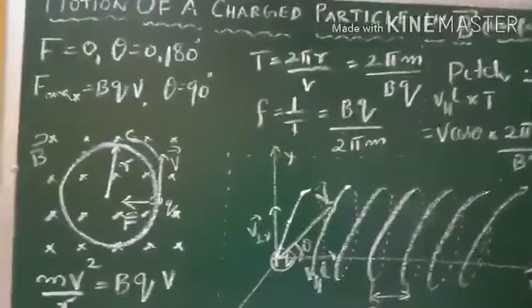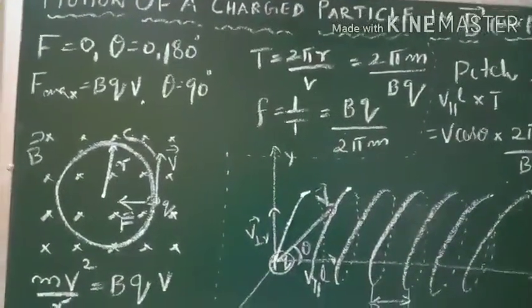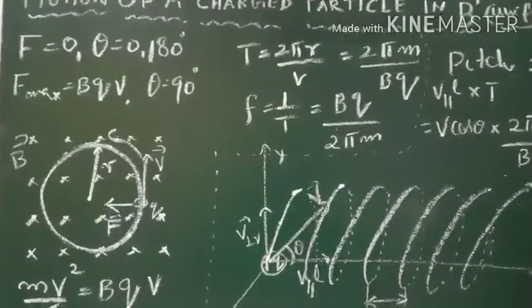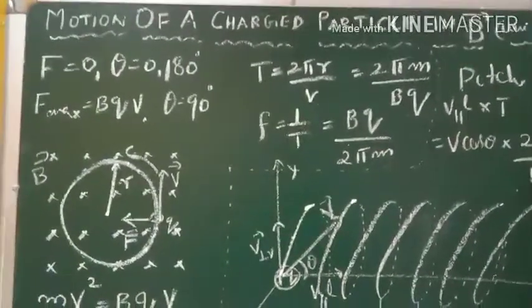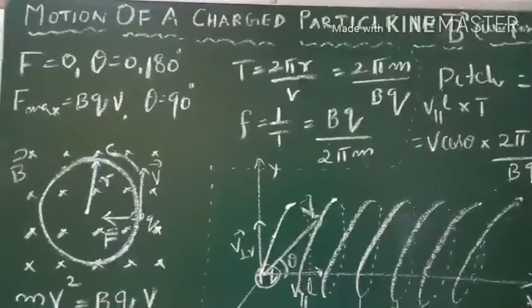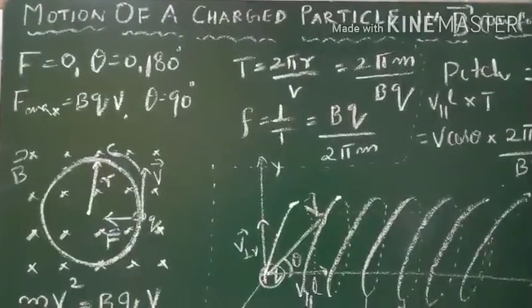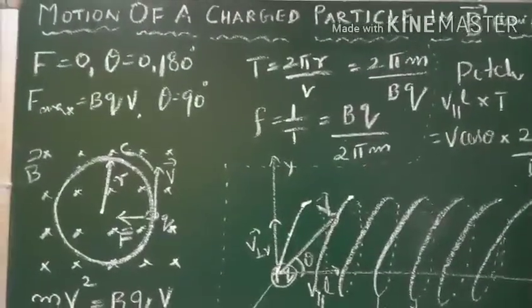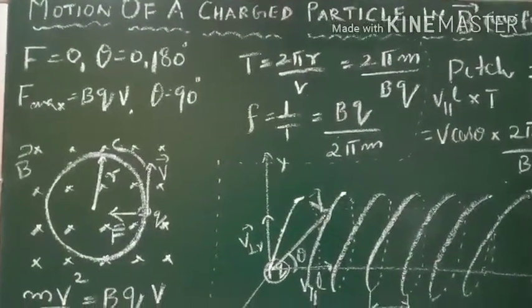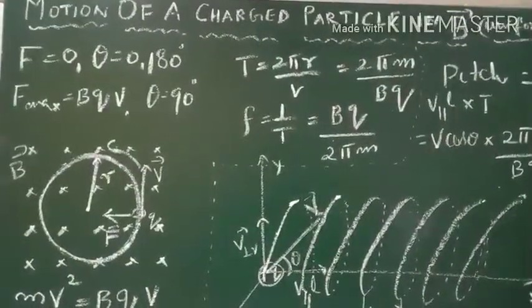In both cases, substitute in F is equal to BQV sine theta. Sine 0 is 0 and sine 180 is 0, so no force is experienced. That is the first case. When the charged particle enters parallel or anti-parallel to the magnetic field, it will not experience any force. So it will continue to move in its own original direction.